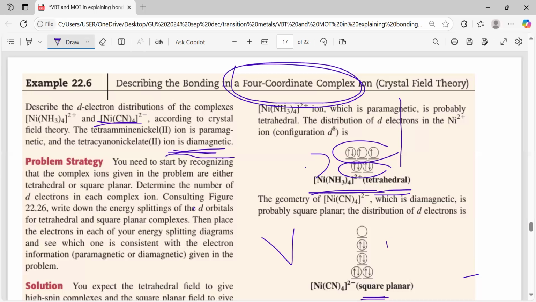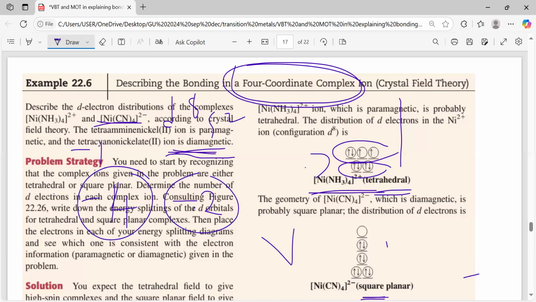Remember, it is d8 s2. What is the nickel charge? Cyanide is -1. If you have 4 cyanides, they should give us -4, but the overall charge there is -2.